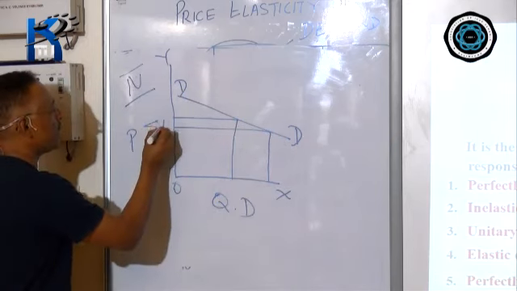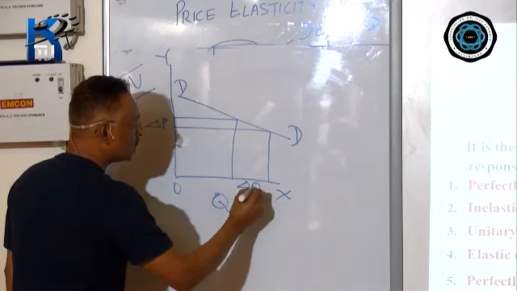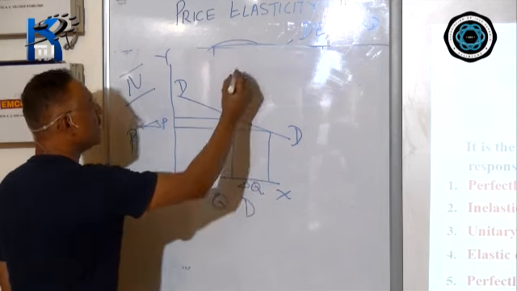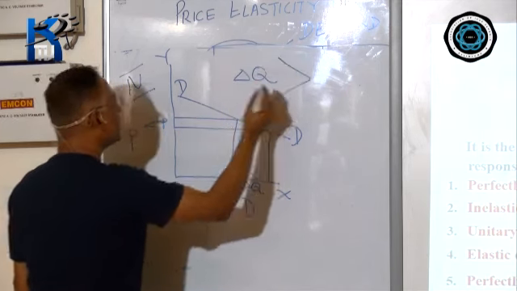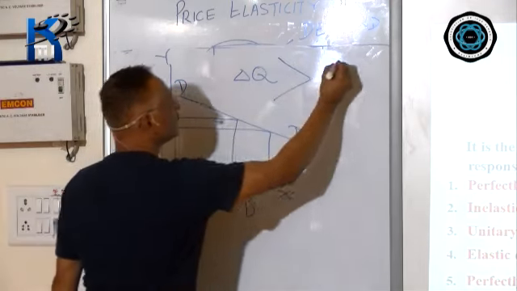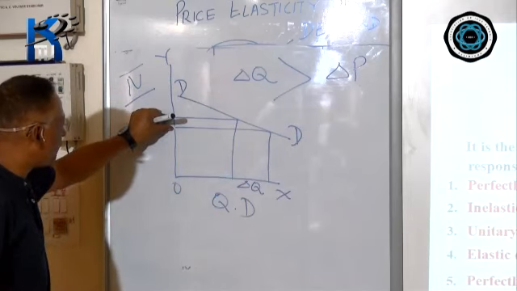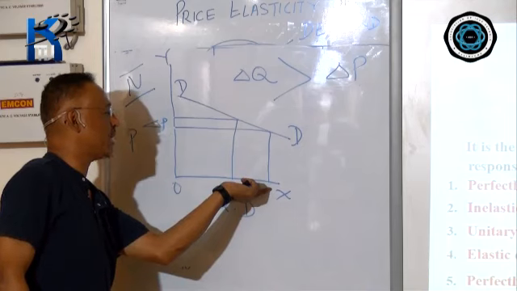Notice the change in the price, very small change in the price. Notice the quantity demanded, huge change. Delta Q is greater than delta P. Which means a small change in the price will lead to huge change in the quantity demanded.